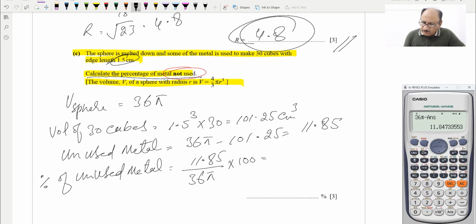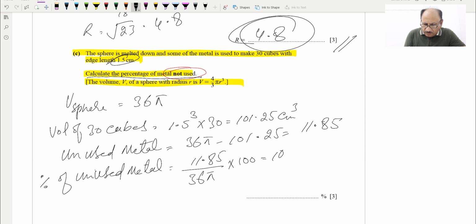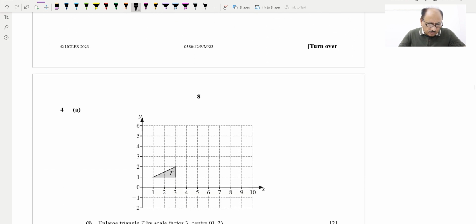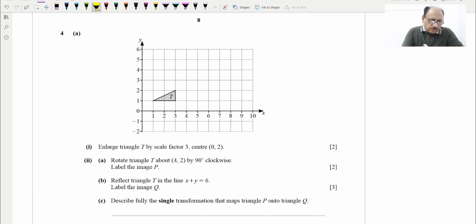So this answer divided by 36 pi and multiplied by 100 will give us 10.475, or we can round it to 10.5%, and this will be the answer for 3 marks. Hopefully you understood this. Question number 4a part.